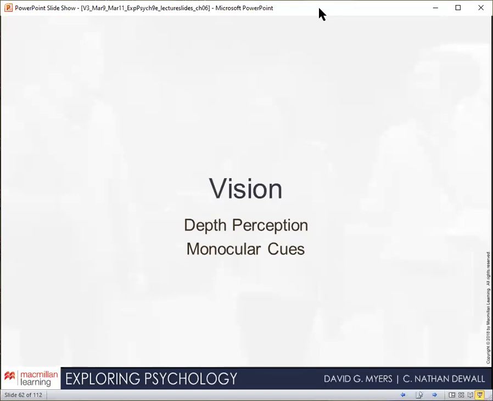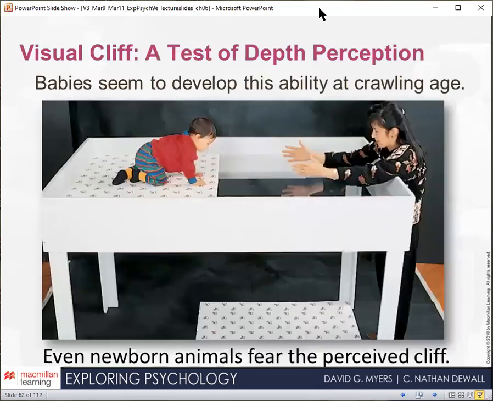So continuing our investigation into vision, we're going to be looking at such things as depth perception as well as monocular cues. So when we look at this activity, this test called the visual cliff, what we're doing with this young person here, this infant, is testing whether or not they have obtained depth perception.